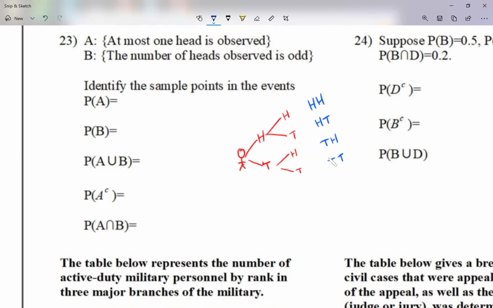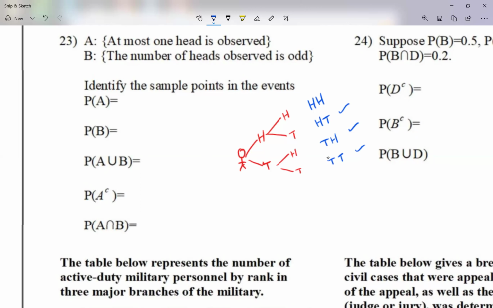A is at most 1 head is observed. So at most means 1 head or 0 heads. So I'm gonna say my probability of A, remember 1 head or 0 heads, well, it happens here, here, and here.